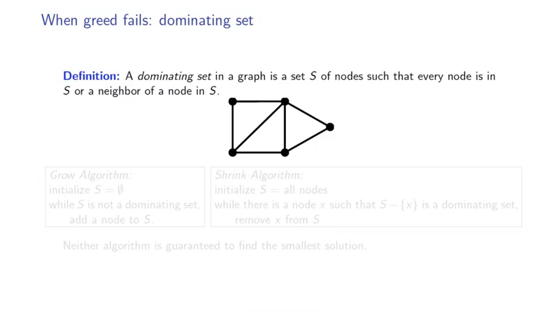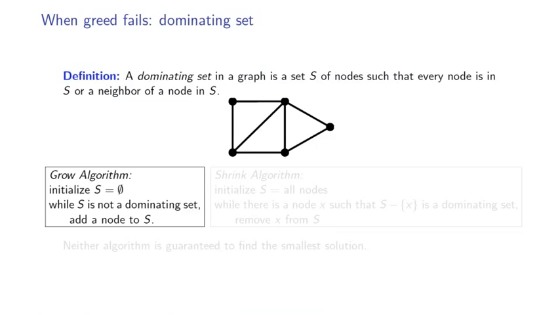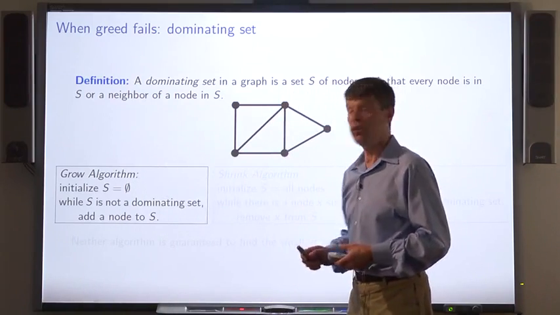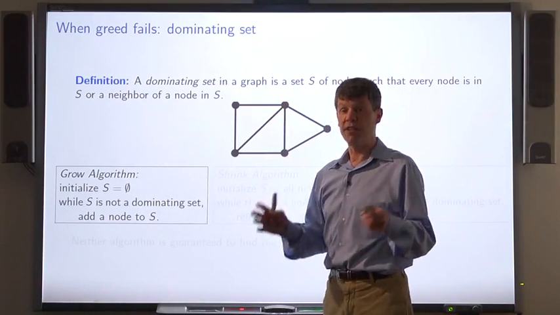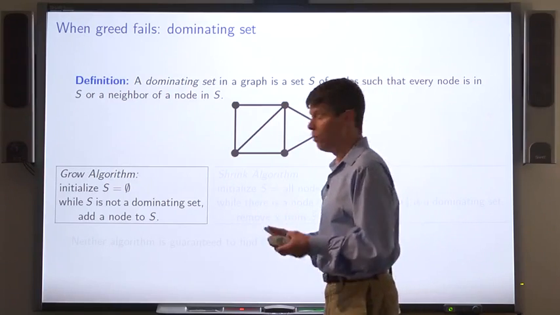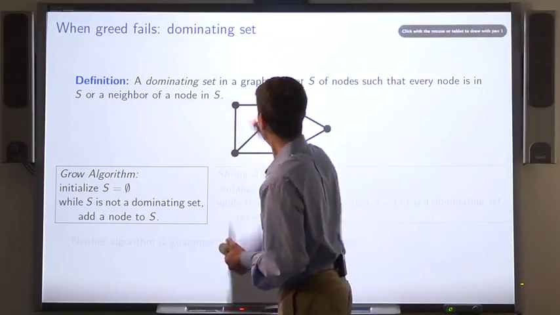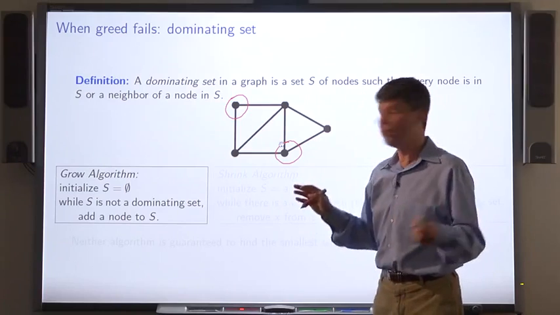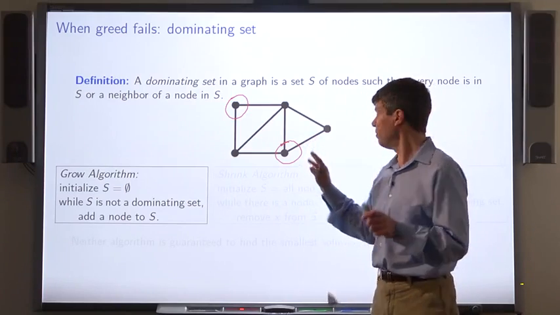And here's one possible algorithm, the grow algorithm. You initialize the set S to be the empty set, and while S is not a dominating set, we add a node to S. So we might start by adding, say, this node. It's not a dominating set yet, so we might choose to add, say, this node. At this point, we've got a dominating set.